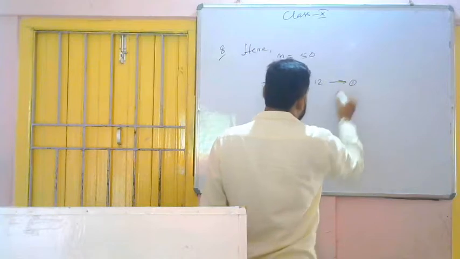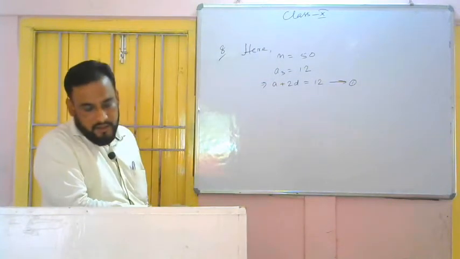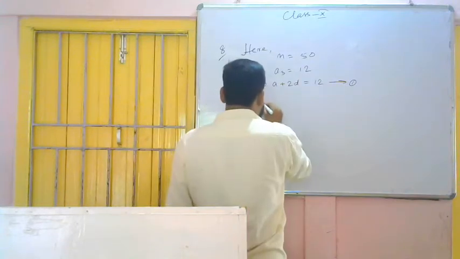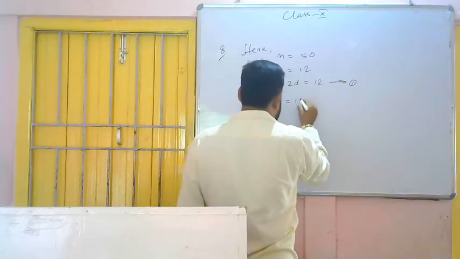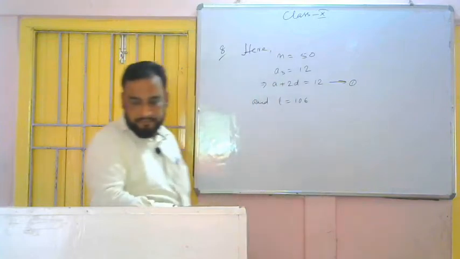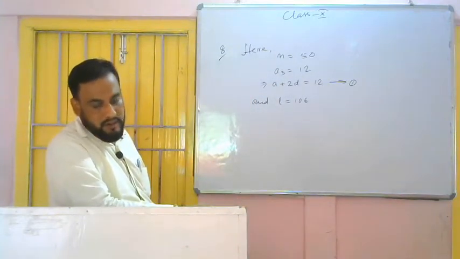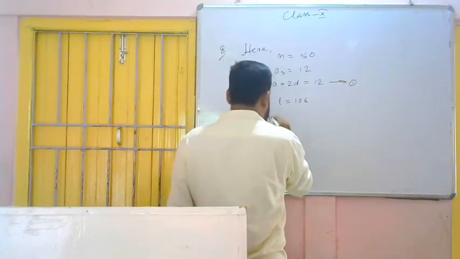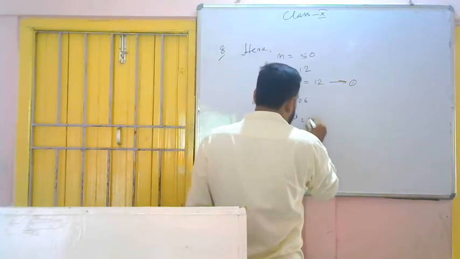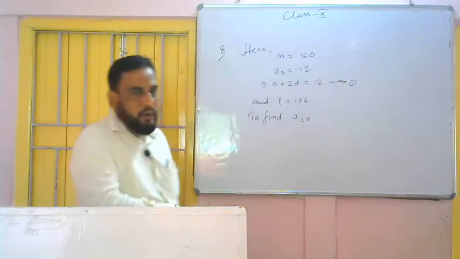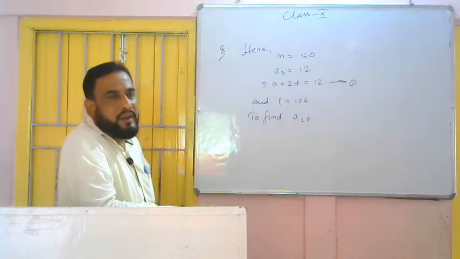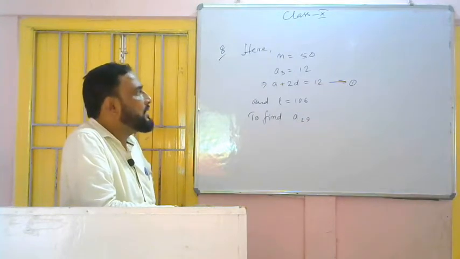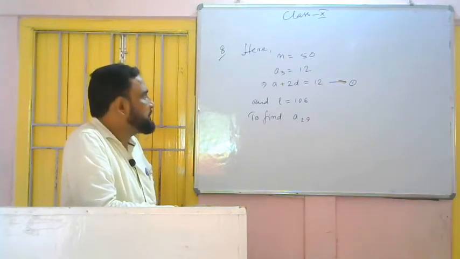Equation number 1. And L is equal to 106. We have to find out the 29th term, A29. So to find out A29, we need the value of A and the value of D.